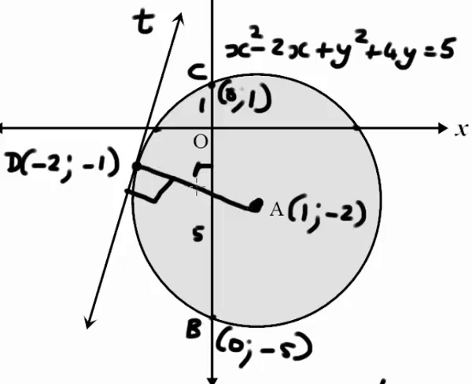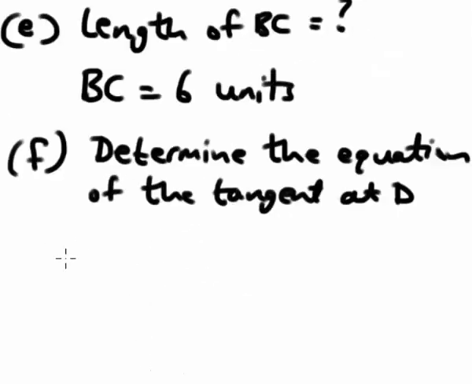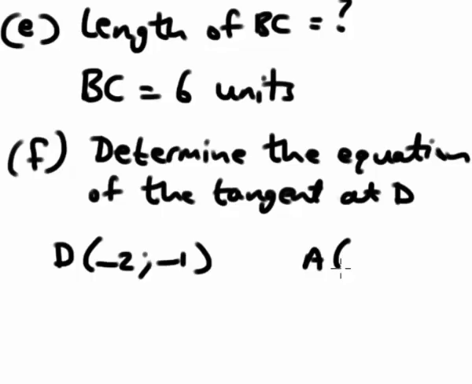Well, we get the gradient of the radius first, and then we can get the gradient of the tangent, and we've got a point on the tangent. So let's write down the coordinates of D, which is negative 2 and negative 1, and the center, which we've already worked out, is 1, negative 2.